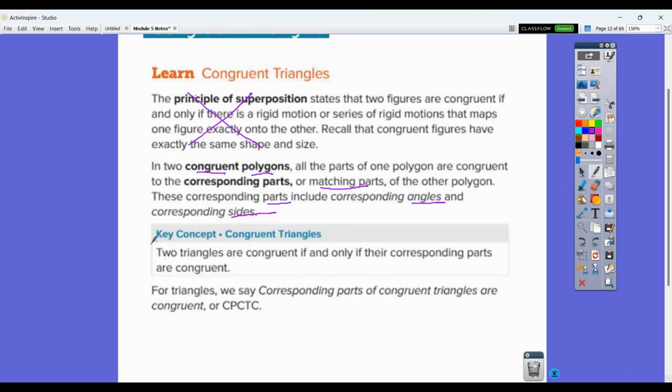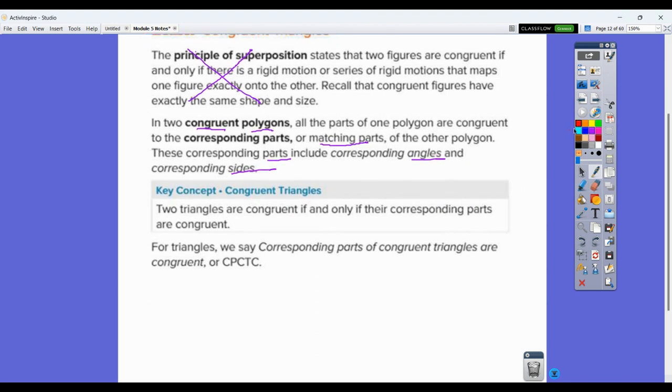If we talk about triangles, two triangles are congruent if and only if their corresponding parts are congruent. Now, if and only if statements, remember, are biconditionals. In this case, if we know that two triangles are congruent, then we know that all parts are congruent.